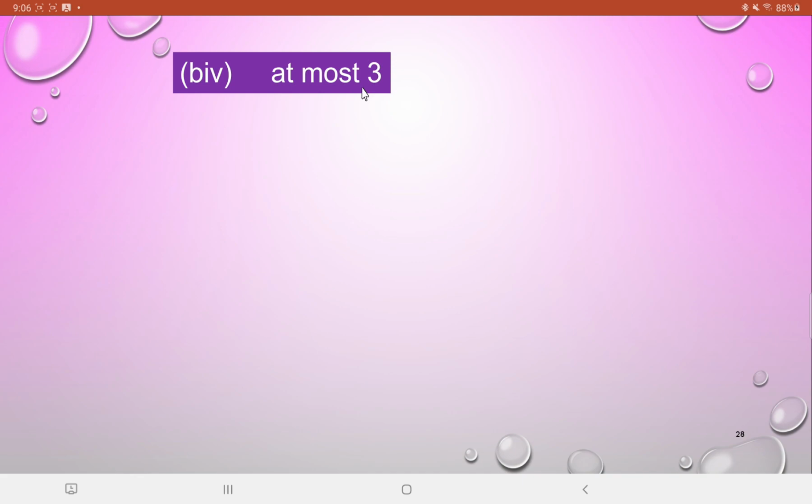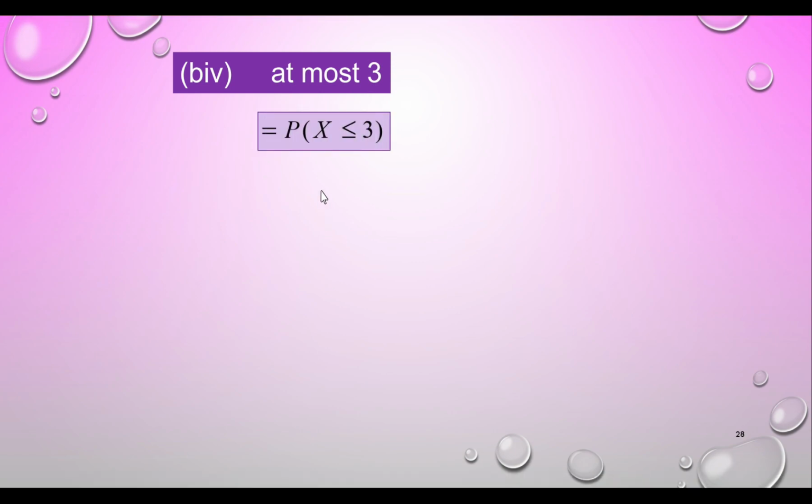B4, at most 3. Okay, this is the sign for at most. The sign is less than or equal. So, x less than or equal 3 means the value of x can be 3 or less than 3 but cannot be more than 3.